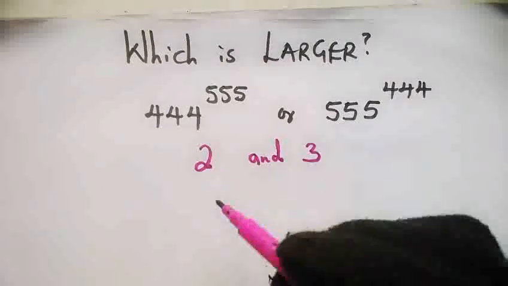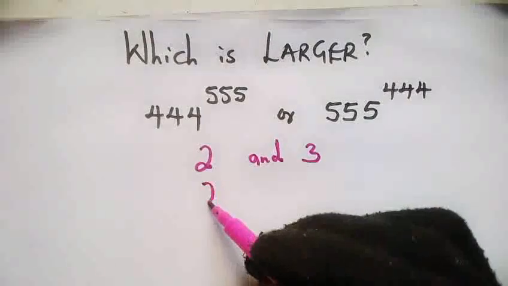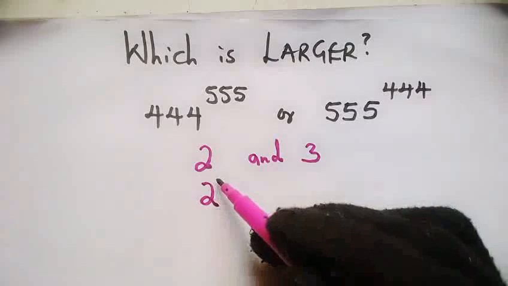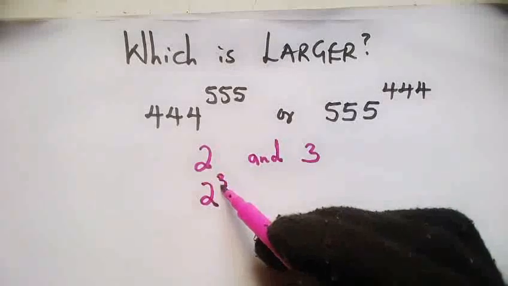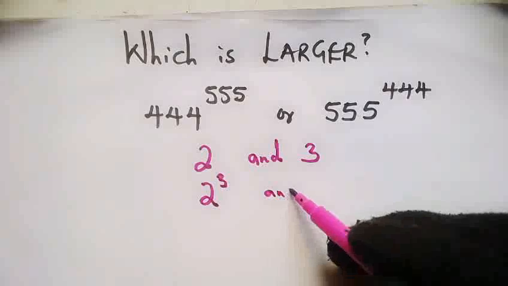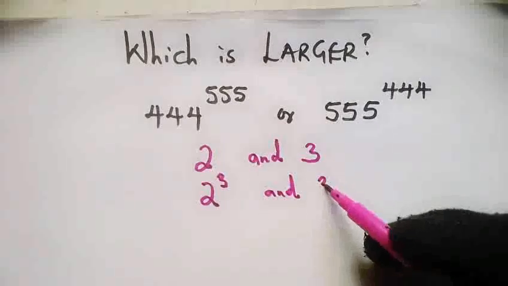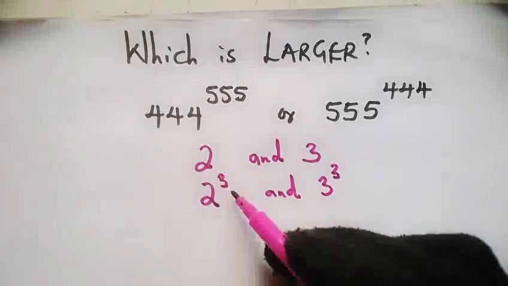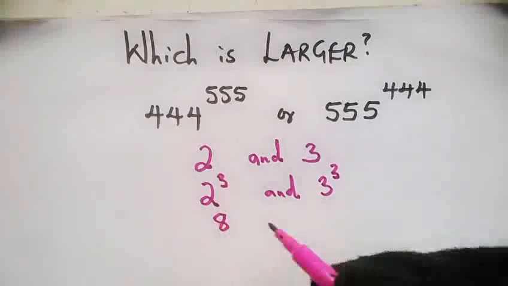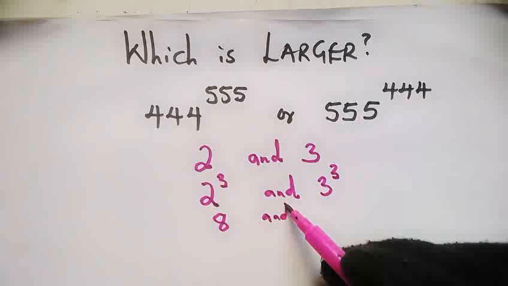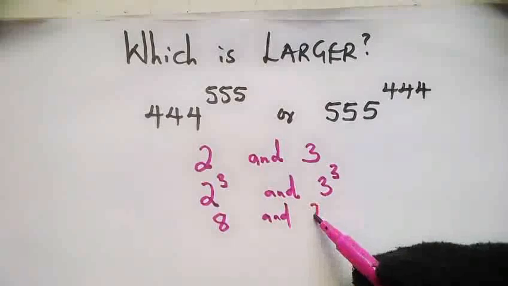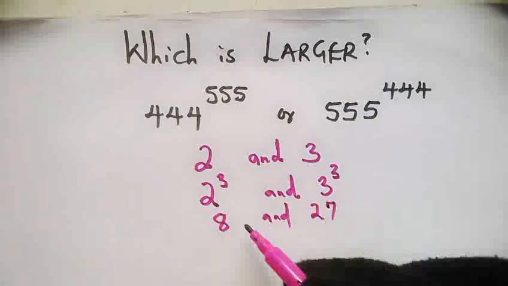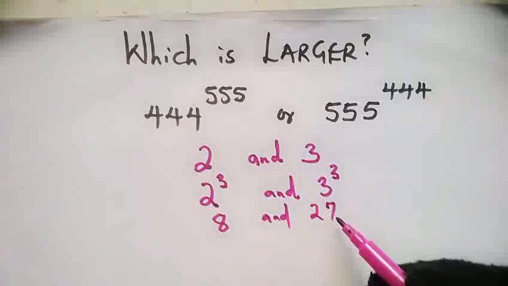So when you raise both sides to the power of 3, 2 raised to power 3 is 8, and 3 raised to power 3 is 27. You can see that 8 is still less than 27.